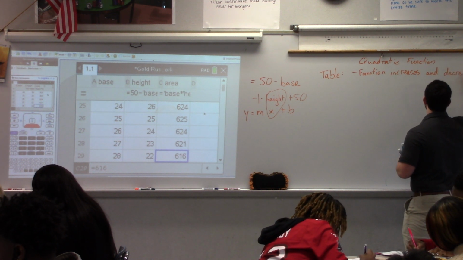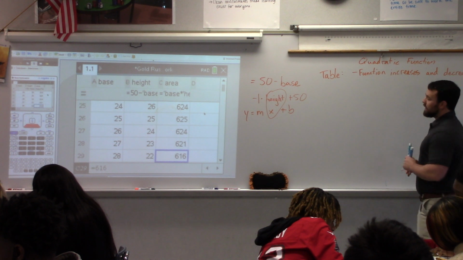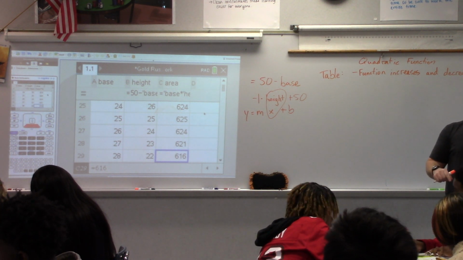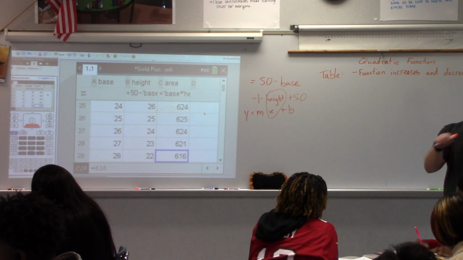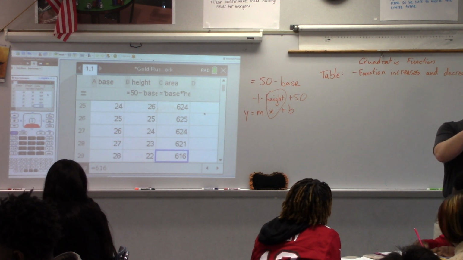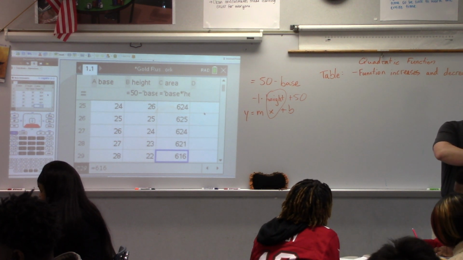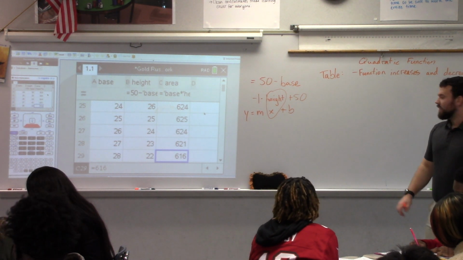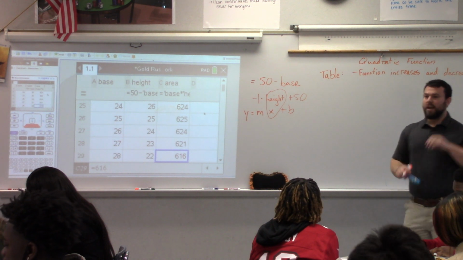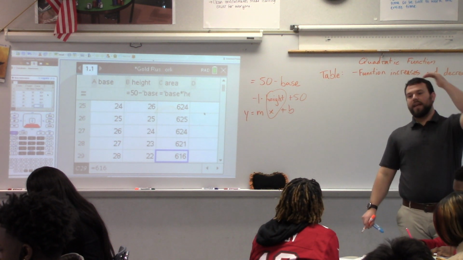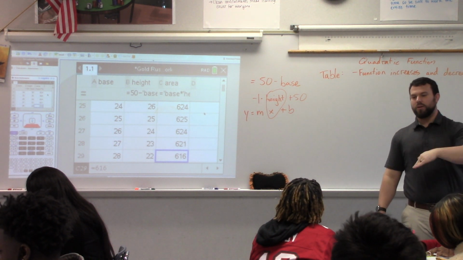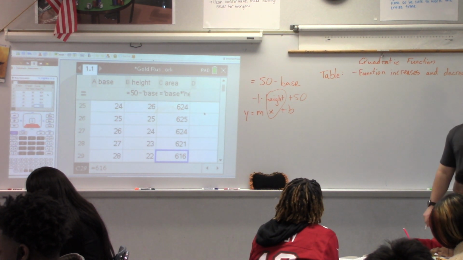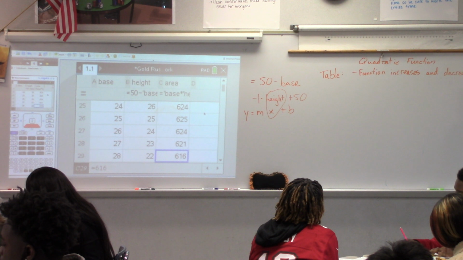Now I want to point out, I did not say the function increases and then decreases, because sometimes it increases and then decreases, and sometimes it decreases and then increases. So, yes, a quadratic function can increase and then decrease, or it can decrease and then increase. So it just has both increase and decrease at some point.